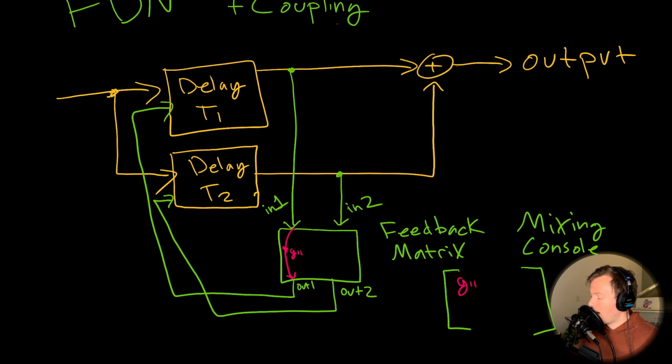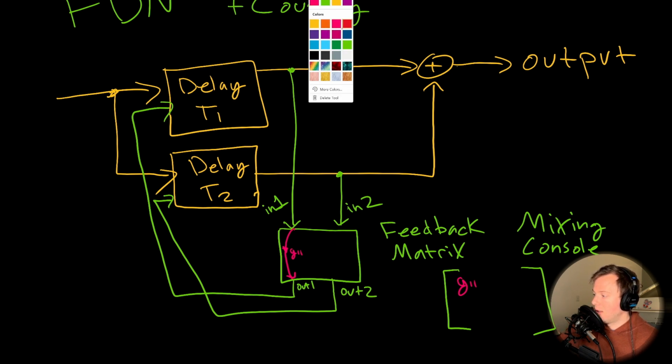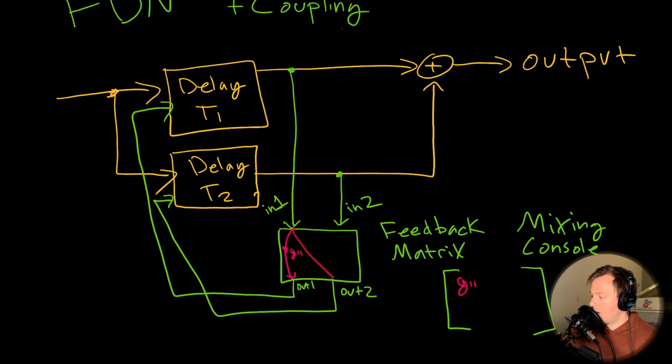We multiply our input 1 by this G11, and that's connected to our first output. But the first input has another connection, which goes across to the second output. And that is in our matrix G21. It's called 21 because it's to the second output from the first one.